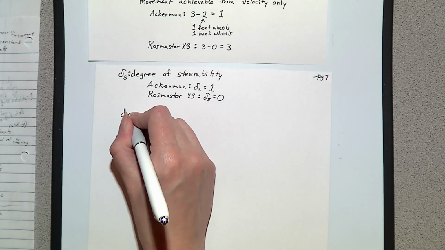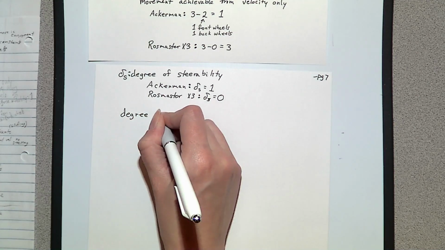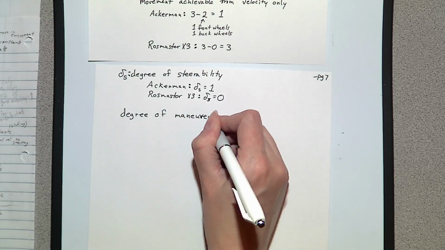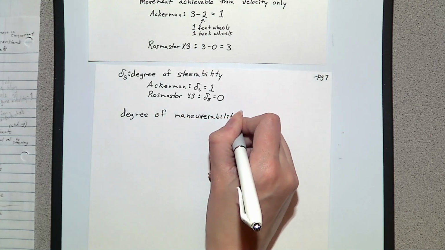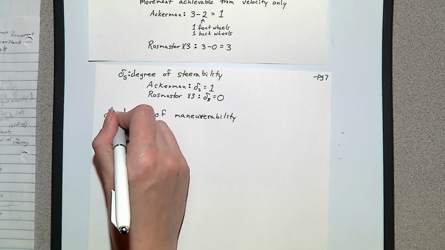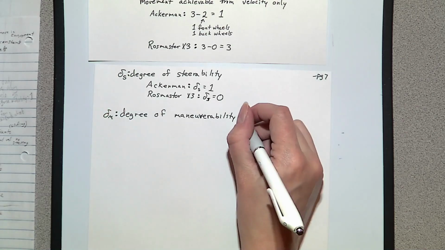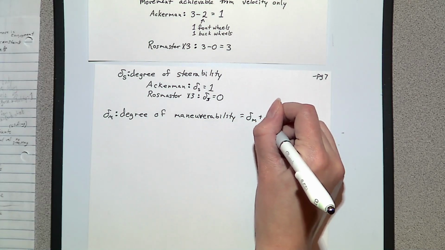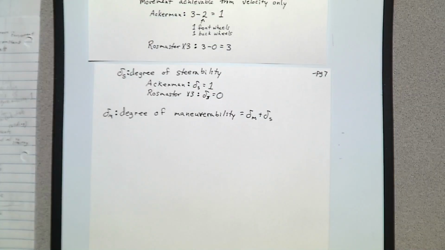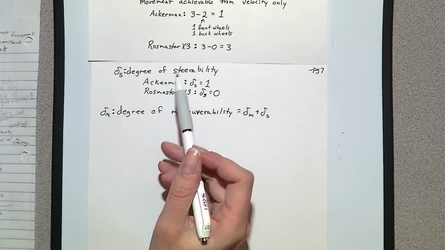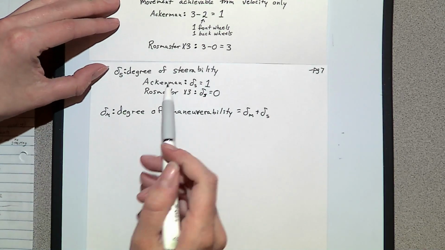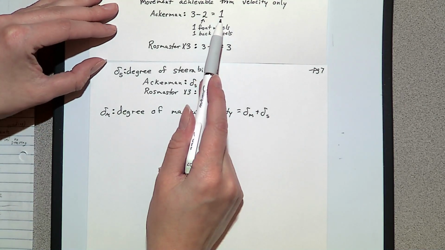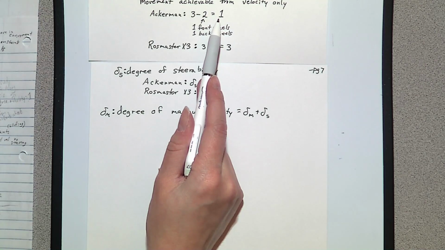And so between these two, we get our overall degree of maneuverability, delta capital M, which is equal to our degree of mobility plus our degree of steerability. If we weren't able to steer our Ackermann car, then we'd only be able to move along a single arc or a single line.